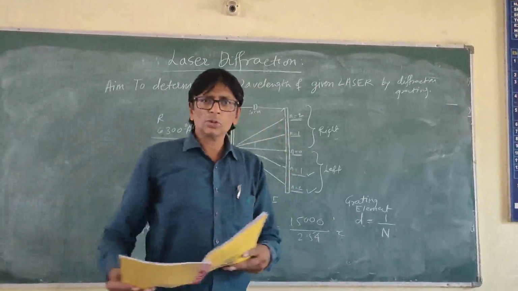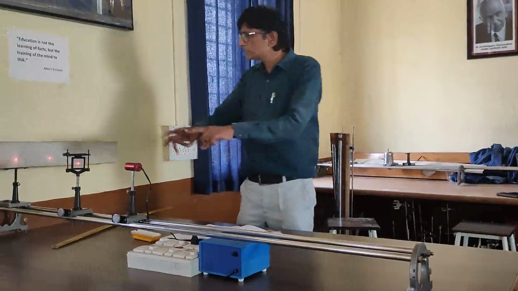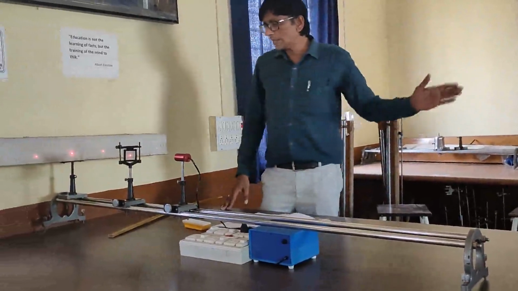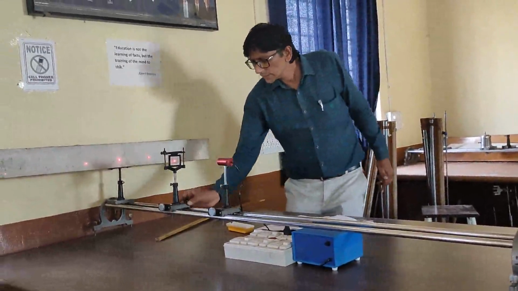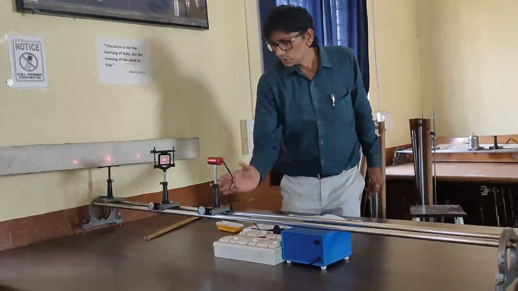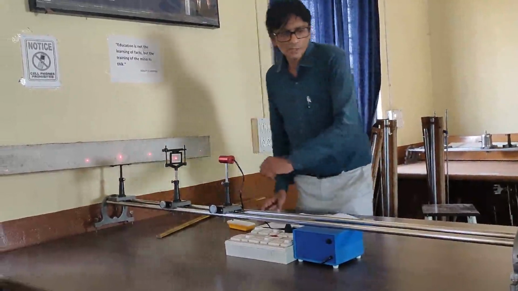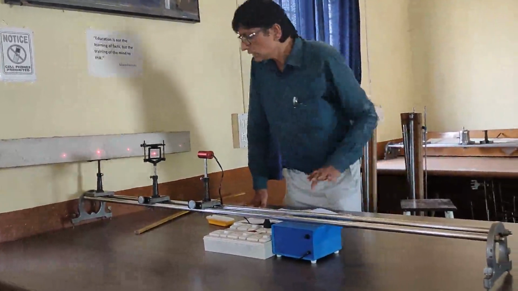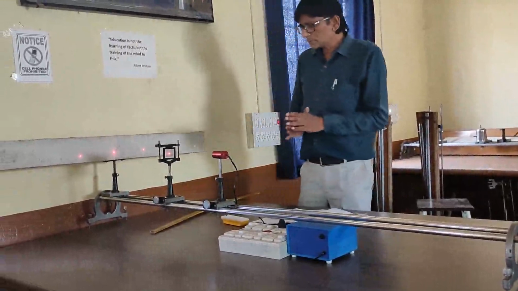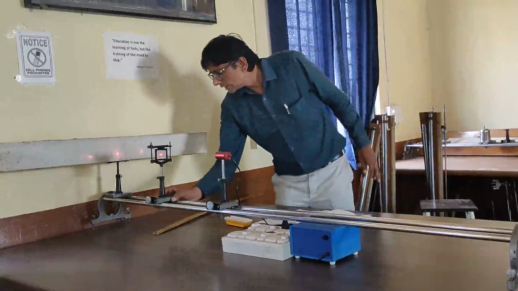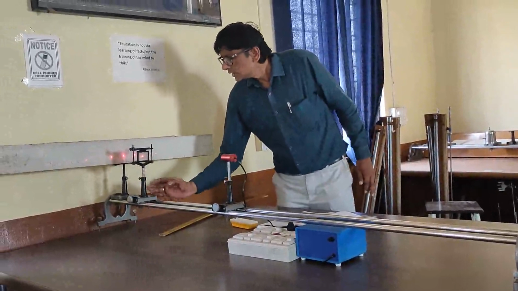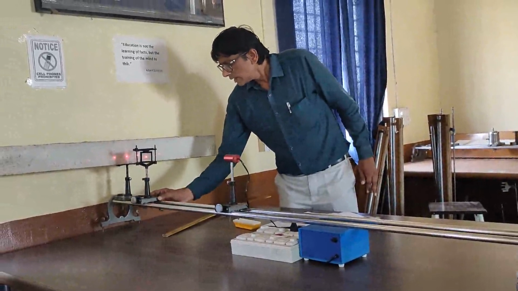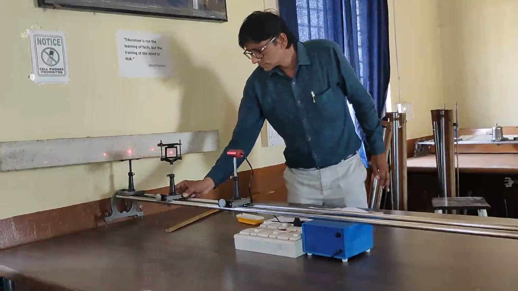Now see this experimental setup. As I told you, this is a screen, this is a grating, and this is a laser source, which is arranged on this laser table. I will vary the distance between this screen and this diffraction grating by moving it.